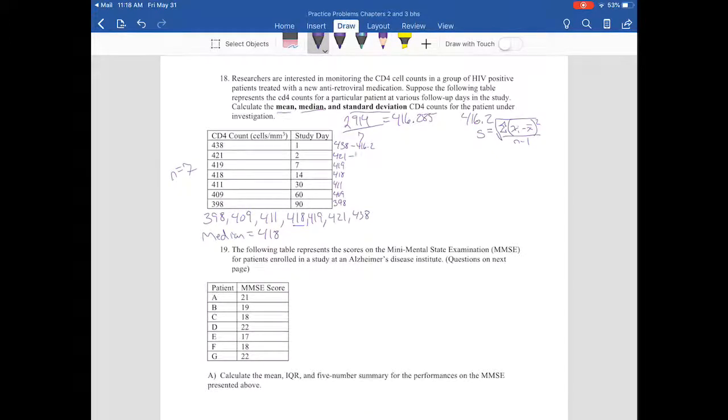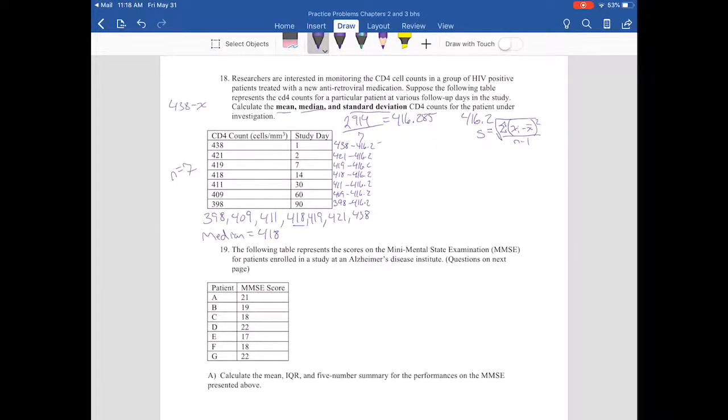In most calculators, you're going to have a memory function. You can always store a memory as a value of x. So you can put a memory value of 416.2 as x, and then in your calculator, you could just type in 438 minus x, and if x is stored as 416.2, then you don't have to keep typing that in to find that value.